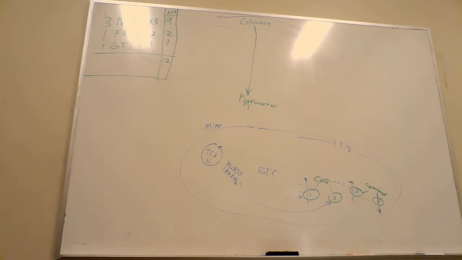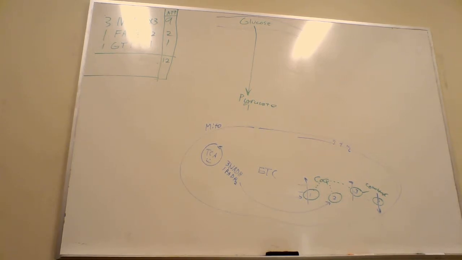And then we have cytochrome C moving copper. Okay, that was the one thing. Cytochrome C uses copper. The rest is iron. Okay, that'll come up in nutrition.